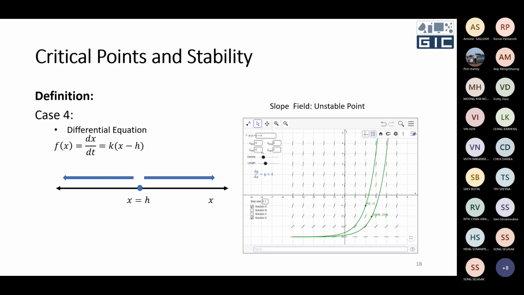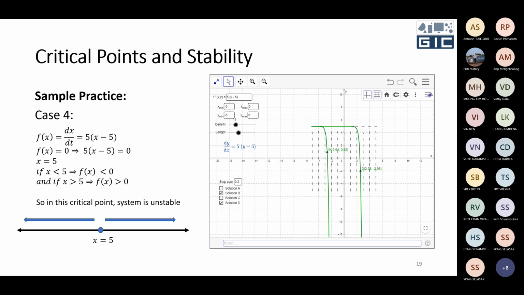One is leaving the critical point, the other is reaching the critical point, and the other is one leaving and one reaching. So we have stable, semi-stable, and unstable points. I will show you the practical case.